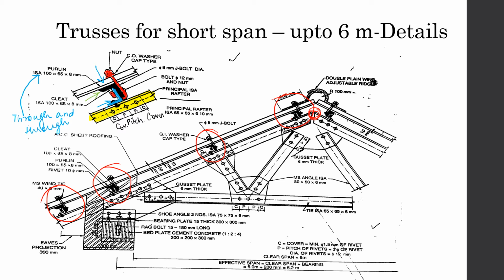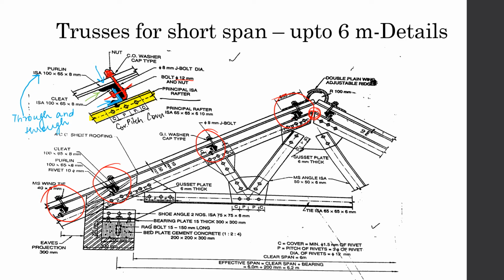This is the member which is holding the cleat, the purlin and the J bolt together. Okay, so the smaller one is the one which you see which is going horizontally like this. This bolt is a 12 mm bolt and nut, and the J bolt is an 8 mm dia J bolt. And there is also a washer that has been provided there.